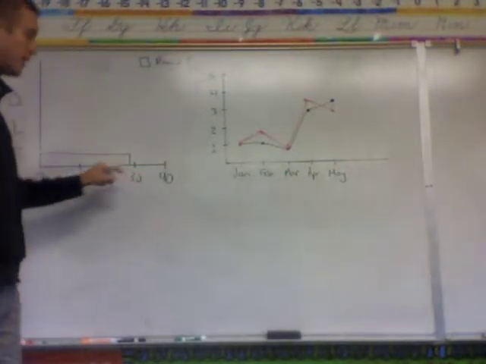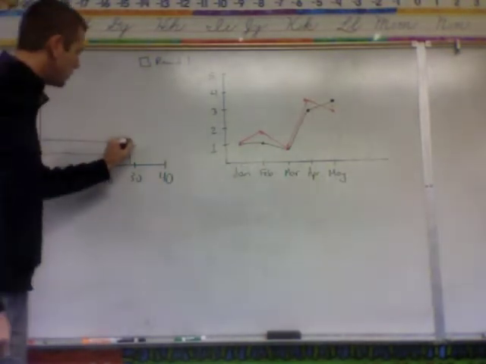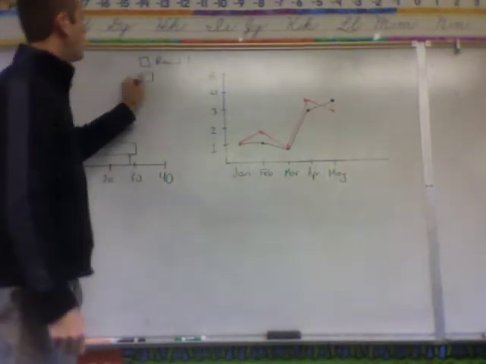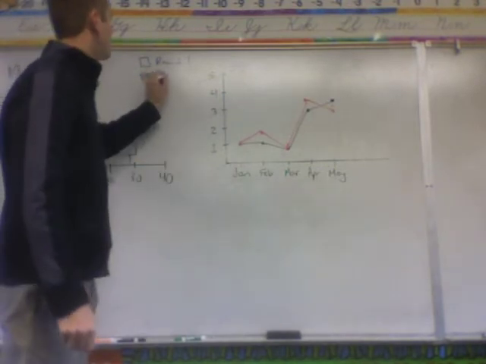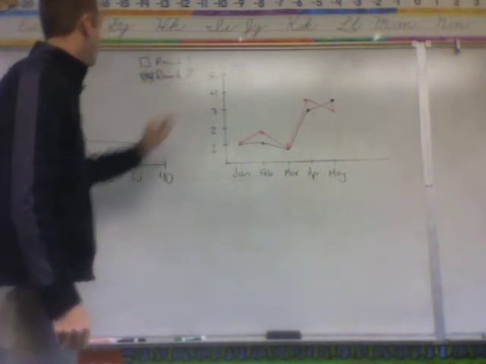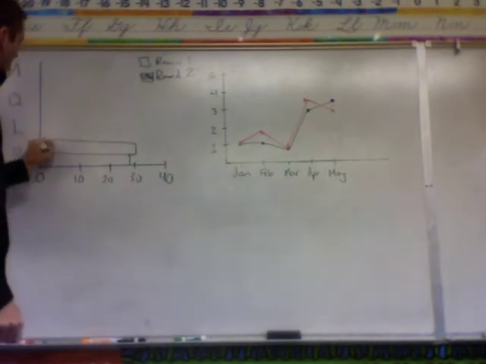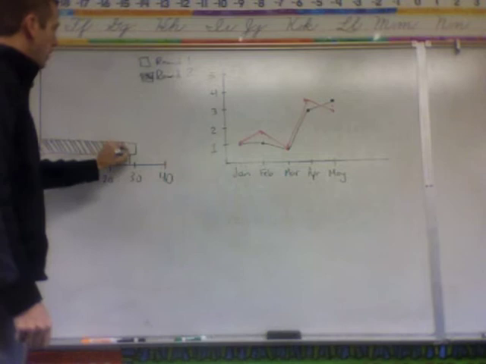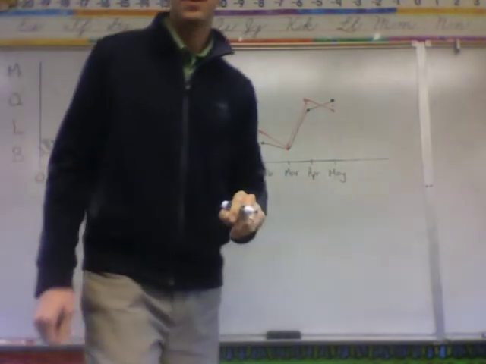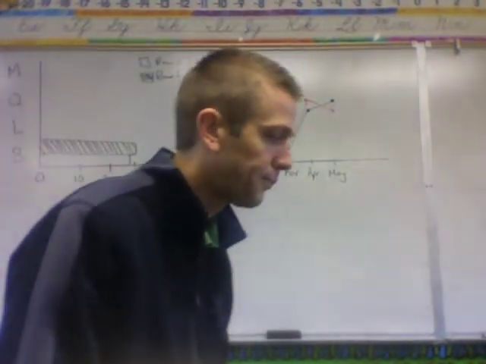Almost to the 30, and then in round 2, she did score 30. I'm going to call round 2 my striped bar. And then I will always make stripes when I'm comparing round 2. Okay? Let's continue on our graph.